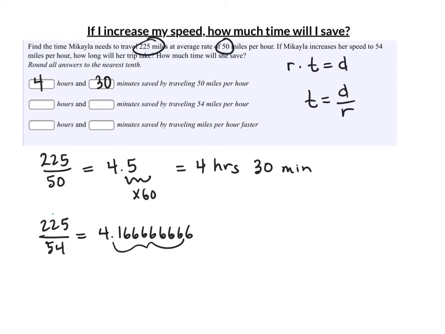We'll take just the decimal and we'll multiply it by 60. And well, that came out nice. So this ends up being 4 hours and 10 minutes. So we're going to save 0 hours and 30 minus 10, 20 minutes. We'll see if we can't get another example with borrowing.